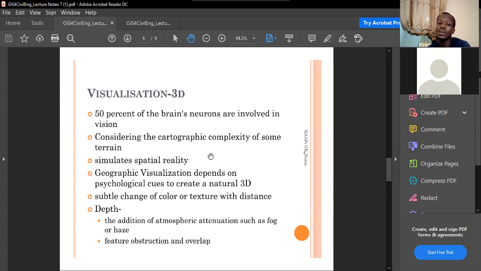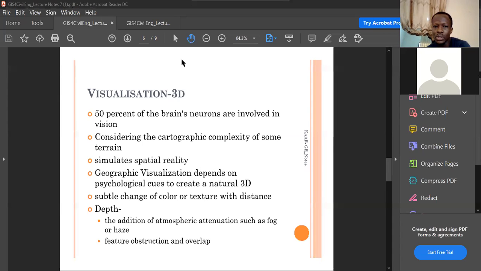Considering the cartographic complexity of the terrain, it's always better to look at things in 3D and visualize it very well. Otherwise, you will get the wrong impression. 2-dimension will deceive you. If someone told you that all the mineral you have in your country is like this, that's a big lie because that's 2-dimensional.